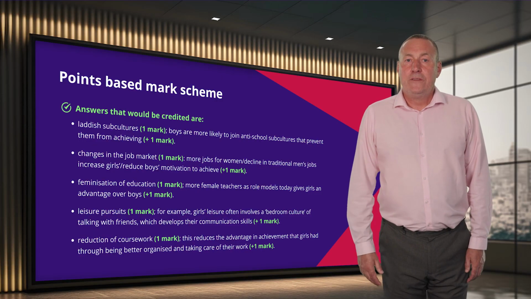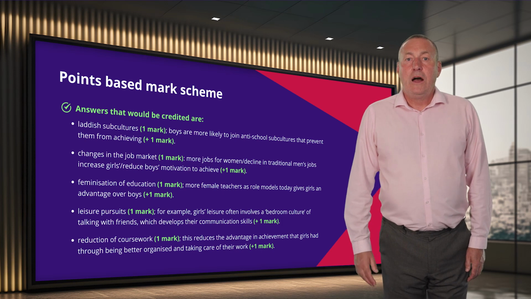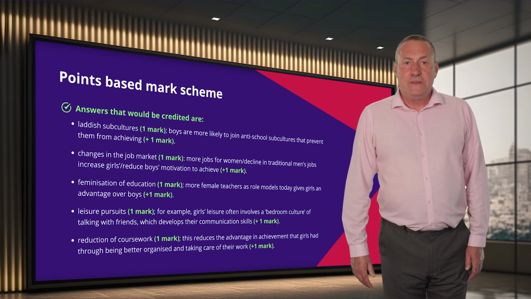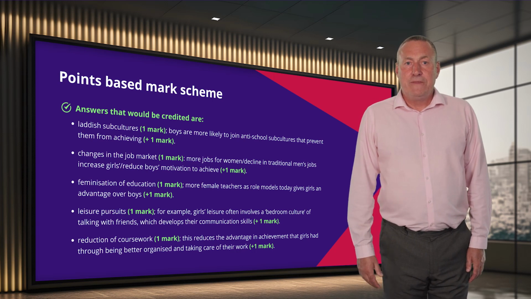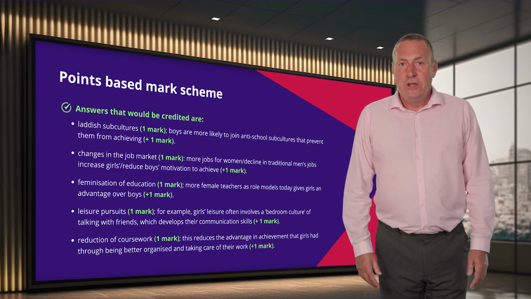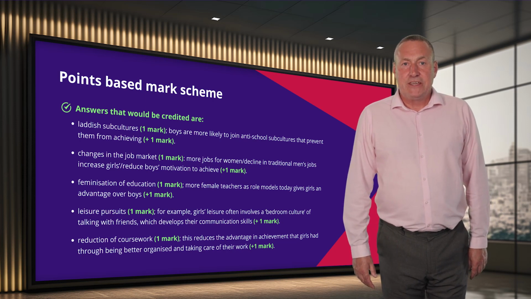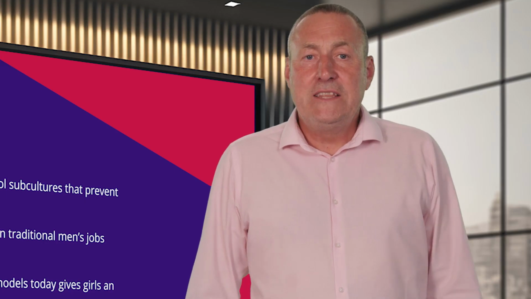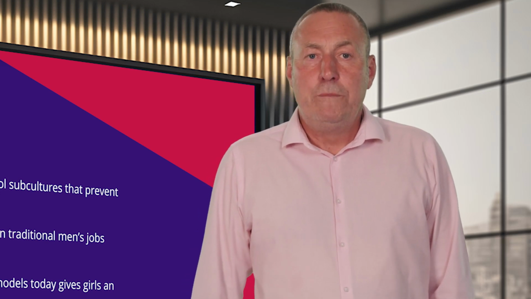Another point that would receive a mark is leisure pursuits. A further mark would be given, for example, in saying that girls' leisure often involves a bedroom culture of talking with friends, which develops their communication skills. Finally, another point that could be raised that would be credit-worthy would be the reduction of coursework, for 1 mark.